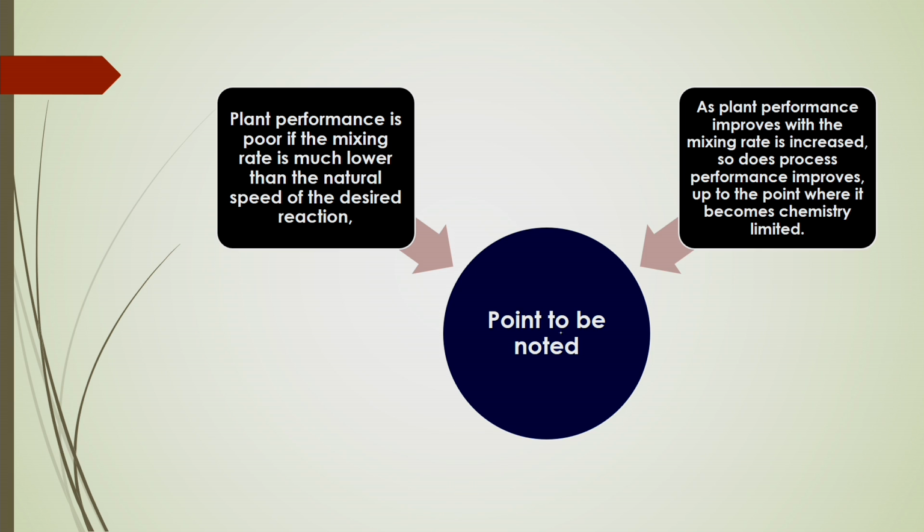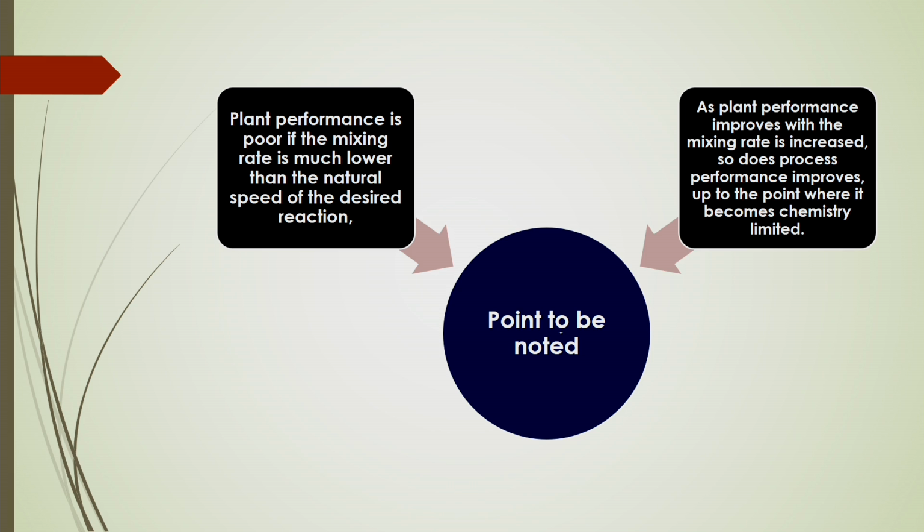In that case you have to consider the mixing rate, whether it is lower or faster, whether it matches the natural speed of the desired reaction or not, and you can improve the performance of the plant by the mixing rate.